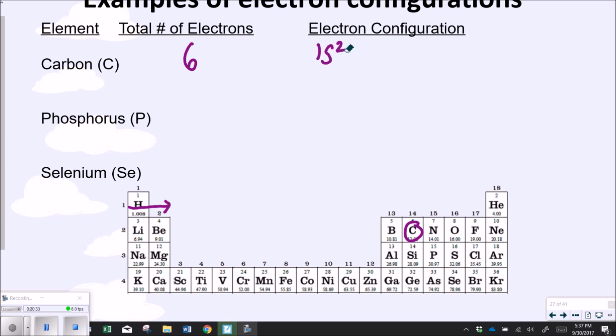Then we go to the next line: 2s2, and we have reached beryllium. Then we continue and cover boron, and now we have reached carbon. Here is 2p, and we have 2 for carbon.